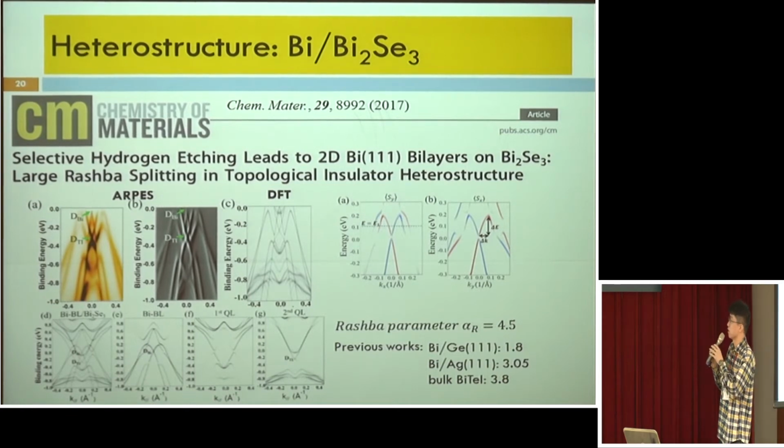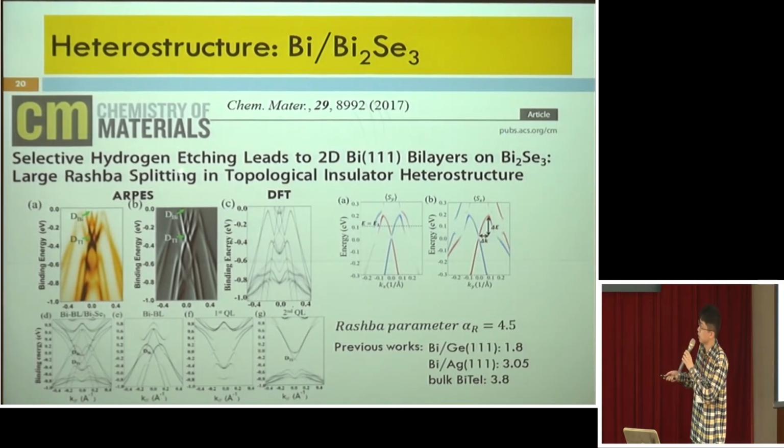Another case is a bismuth bilayer on bismuth selenide. In this work, we collaborated with Professor Huang Longjun from National Tsinghua University. His group used hydrogen etching to make a large and uniform bismuth bilayer on bismuth selenide. And this one is their ARPES data, and this is our DFT simulation.